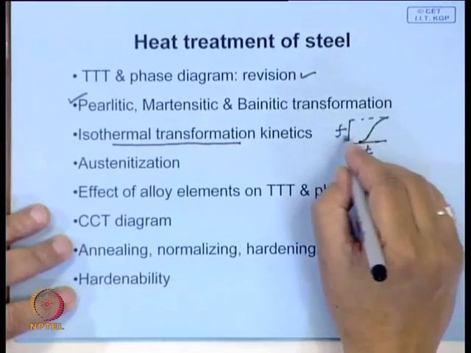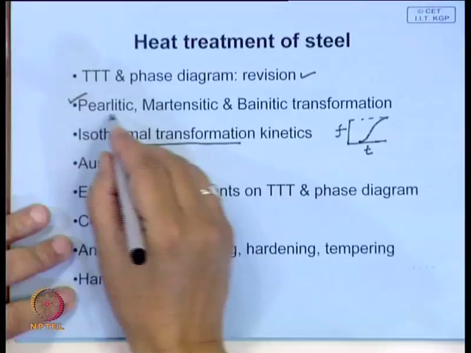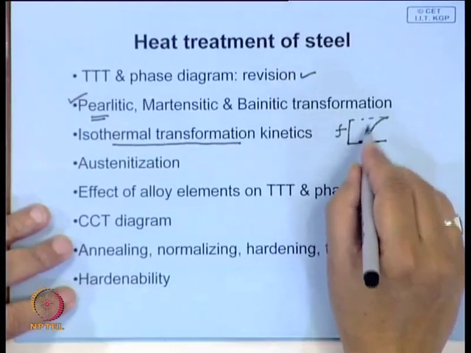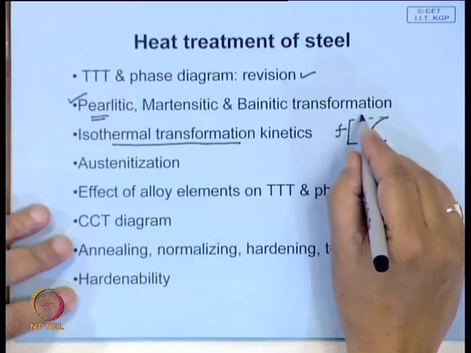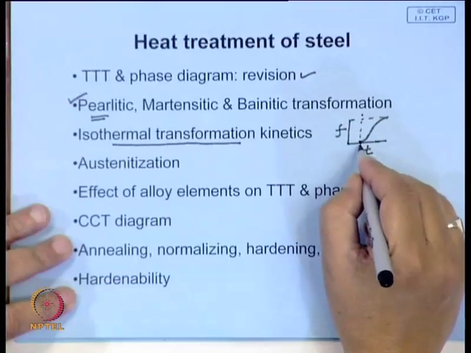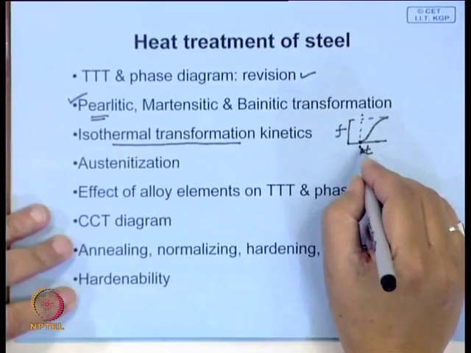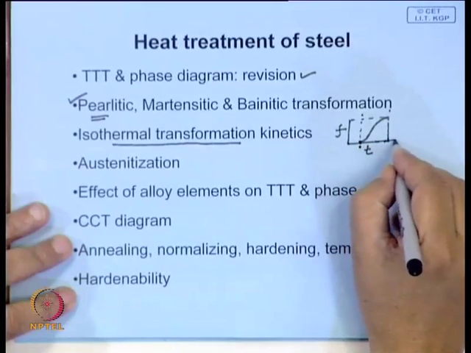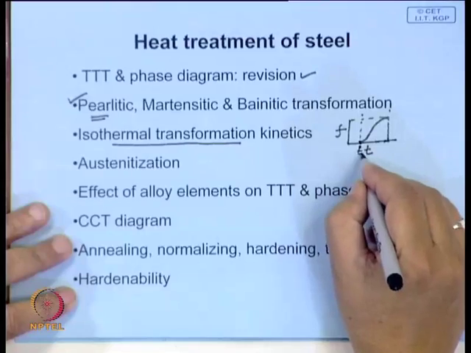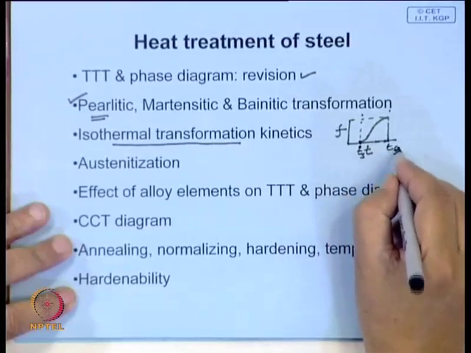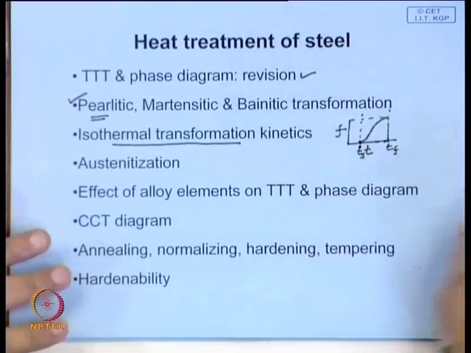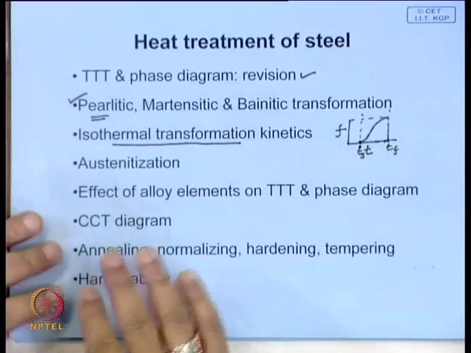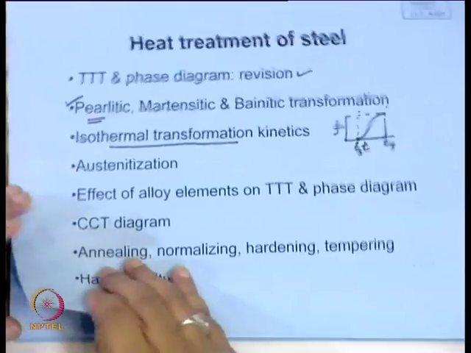Any isothermal transformation like the one that you get in pearlite starts only after a certain length of time at a particular holding temperature, and it is completed only after a definite time. So, there is a start time, there is a finish time, and both of these are functions of temperature, and let us build upon that further.